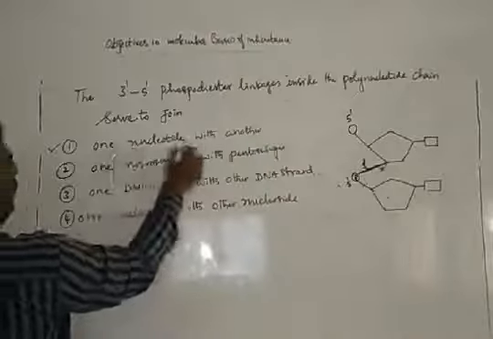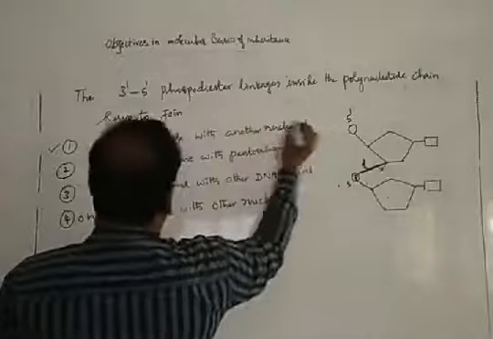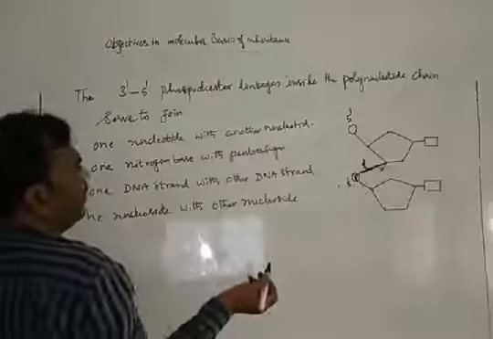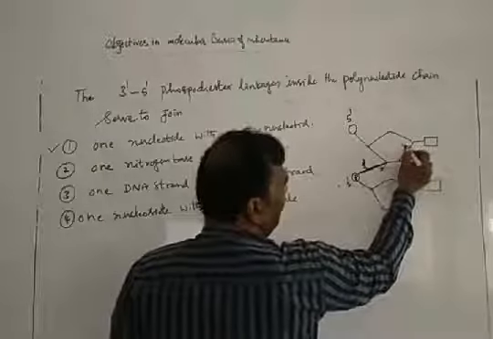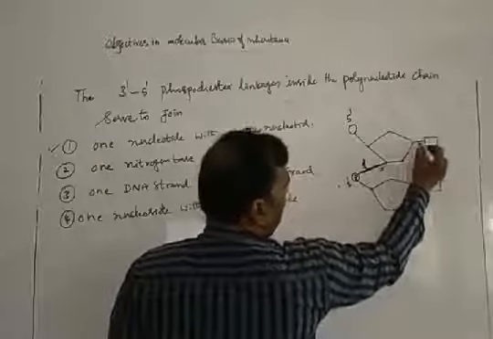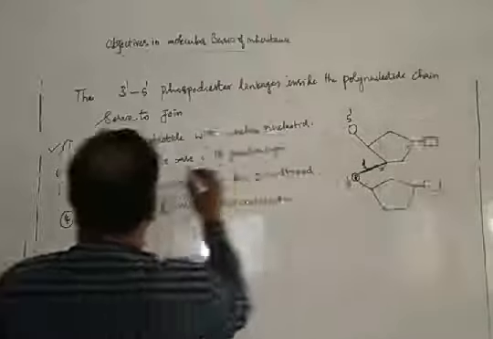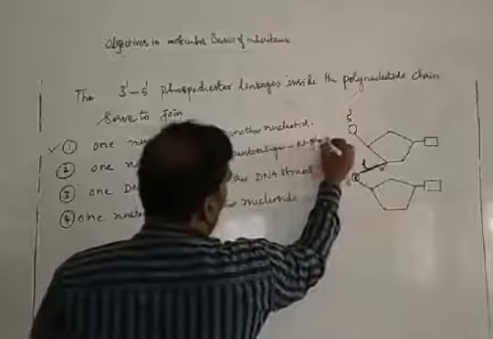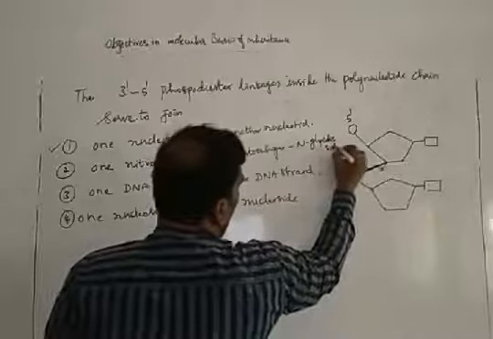So one nucleotide with another nucleotide is the right option. One nitrogen base with the pentose sugar is not it; that is inside the nucleotide and is an N-glycosidic bond, not a diester bond.